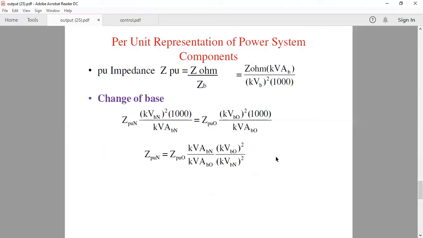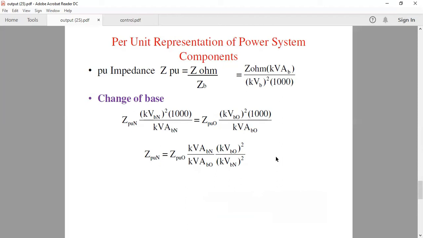If you already have some values in terms of their own base, or as per unit or percent values, then to analyze the entire system we need to change the base of those components, or calculate new per unit values for those components.